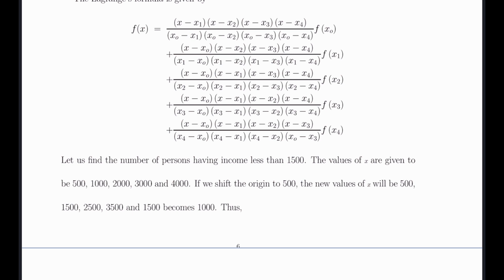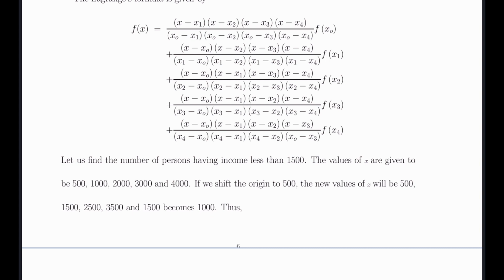So let us find the number of persons having income less than 1500. The values of x are given to be 500, 1000, 2000, 3000 and 4000. If you shift the origin to 500, the new values of x will be 0, 500, 1500, 2500 and 3500, and 1500 becomes 1000.